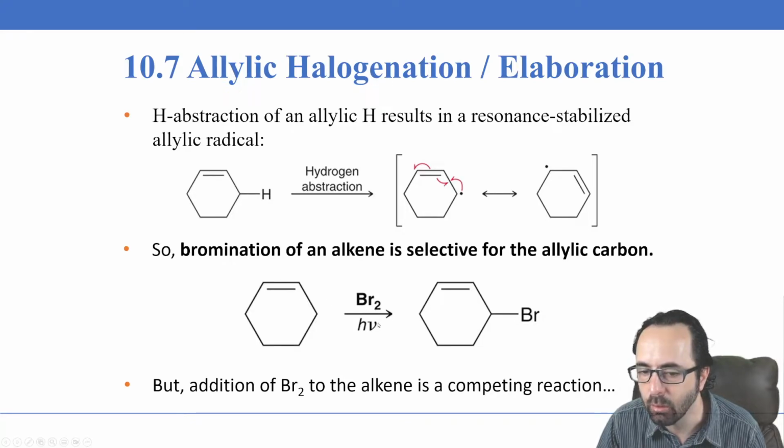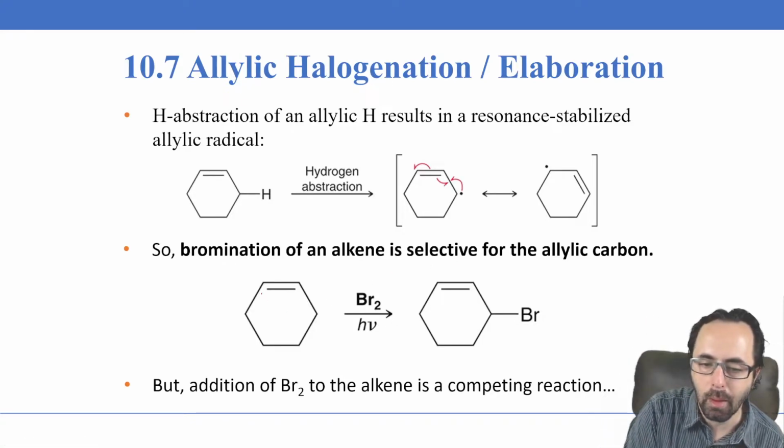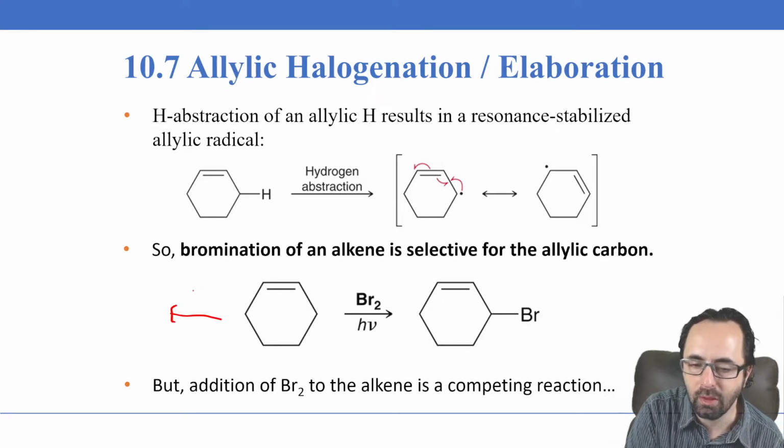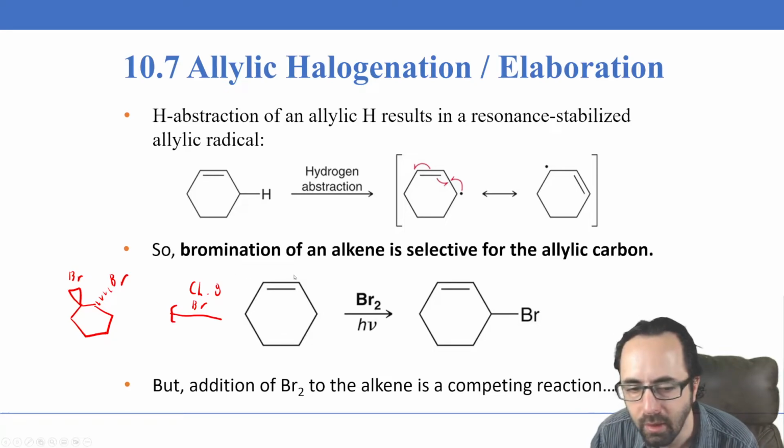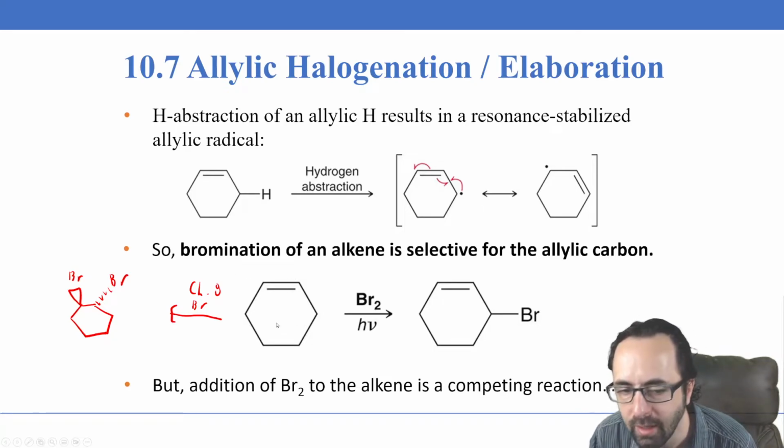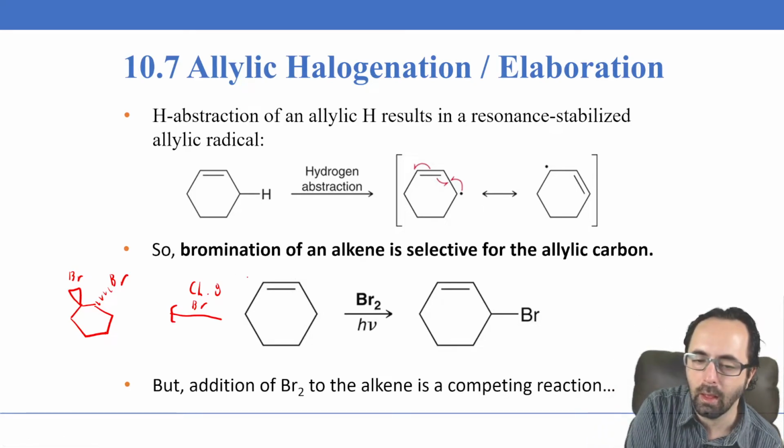The other situation, you may remember from chapter 8 with addition reactions, is that we would get an anti-addition of bromine if we didn't have the light. So no hv, just Br2. We'd get the anti-addition where we get bromine here. It would go through a bromonium intermediate, with bromine on the other side. That was chapter 8, addition of bromine, the halogenation.